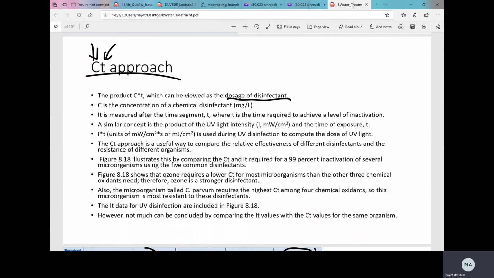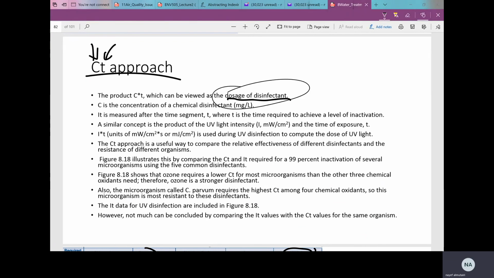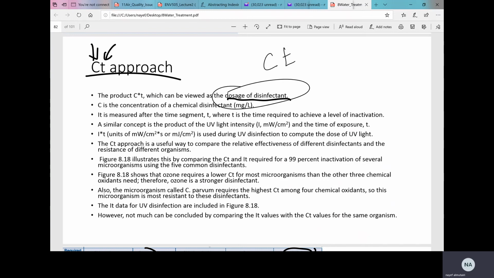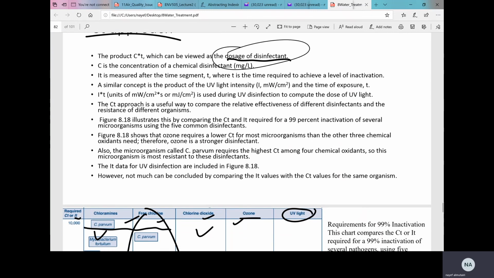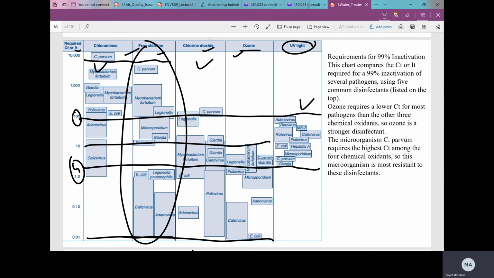CT approach is also another example. It's viewed as a dosage of disinfectant, CT approach. Concentration versus the time. The time it's taking the disinfectant to stay inside the reactor. Well, now this reactor is called what? It's called contactor. And you can see from here, once you do the CT for each disinfectant, they are variable.